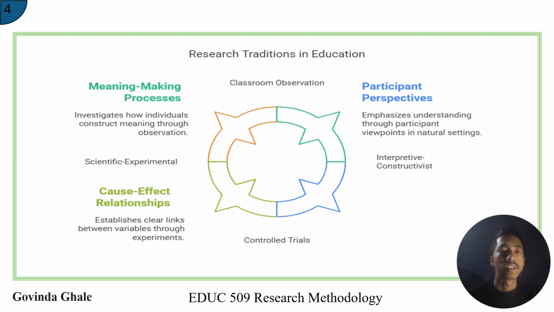It is also a socially constructed reality. Next slide is research traditions in education. It is a meaning making process. It means it investigates how individuals construct meaning through observation. Another is scientific experimental and cause effect relationship.